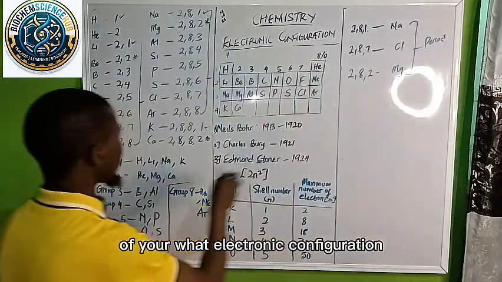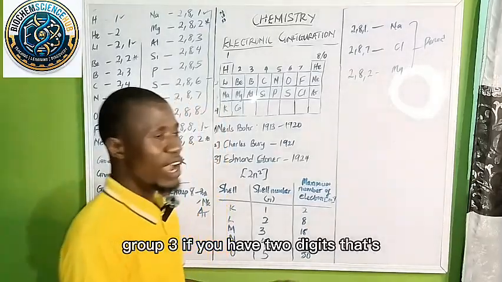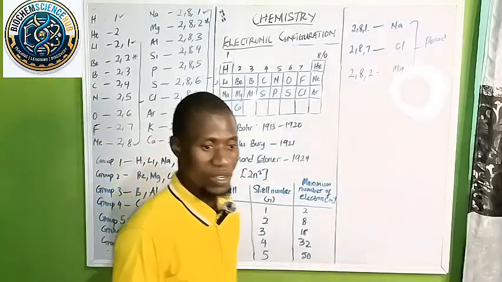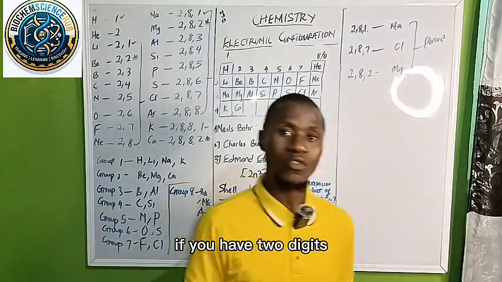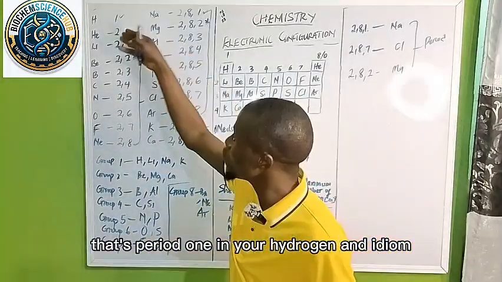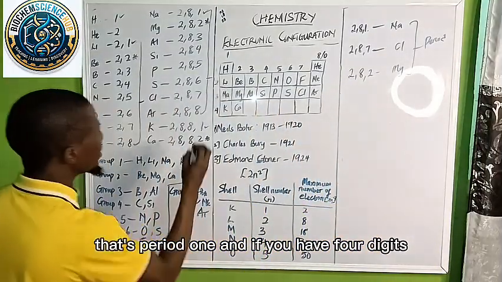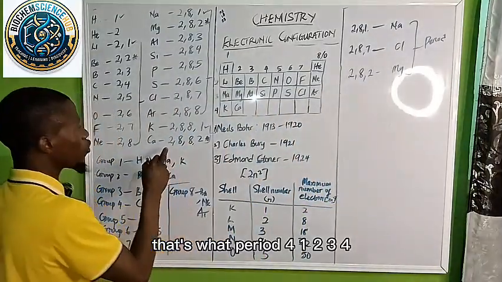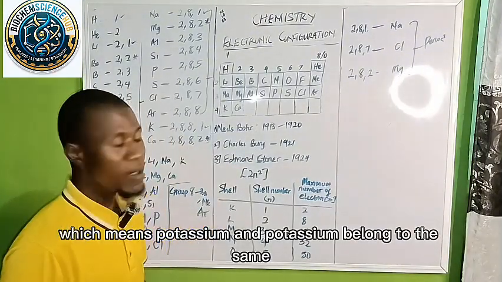Electronic configuration digits. If you have 3 digits, that's period 3. If you have 2 digits, that's period 2. If you have 1 digit, that's period 1. In hydrogen and helium, just 1 digit, that's period 1. And if you have 4 digits, that's what? Period 4, 1, 2, 3, 4, which means potassium and calcium belong to the same period.